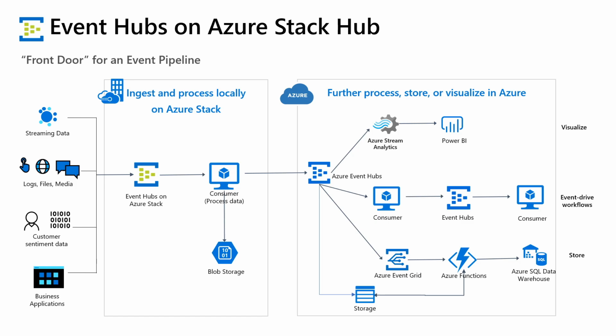That data can first be filtered in the Event Hub available on the Azure Stack Hub, processed, and if you have anomalies or need further processing, it can be sent to the public cloud, that is Microsoft Azure.